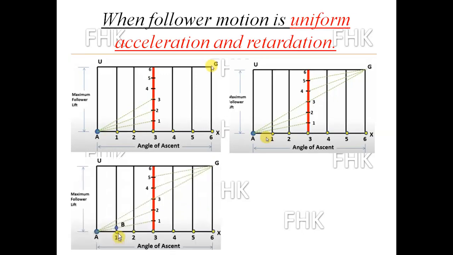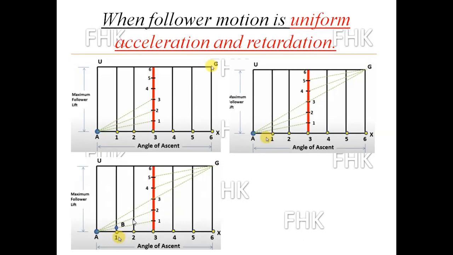Now I will take the intersection point from one vertical line and A1, this inclined line. Where it intersects, that will be my first intersection point, and that point is denoted by B. This is my 0, 0 point. Okay. Now B point is the intersection of this one vertical line and this one inclined line.